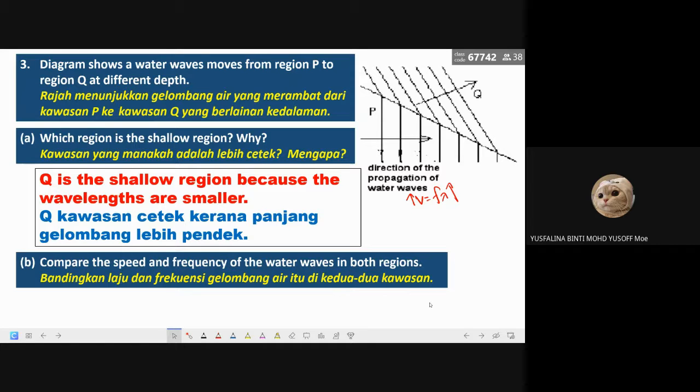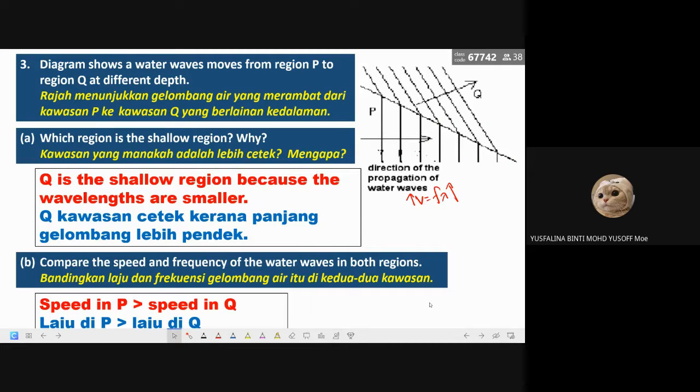And the frequency for both regions is the same, right? For refraction, only the frequency is constant before and after. But the speed, wavelength, and also the direction of propagation will change.